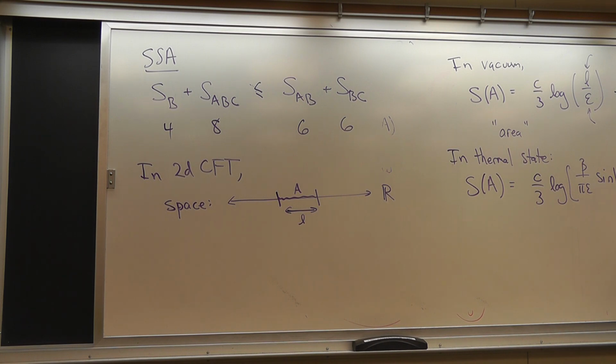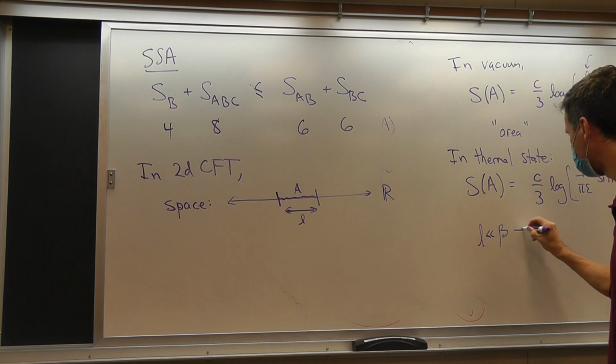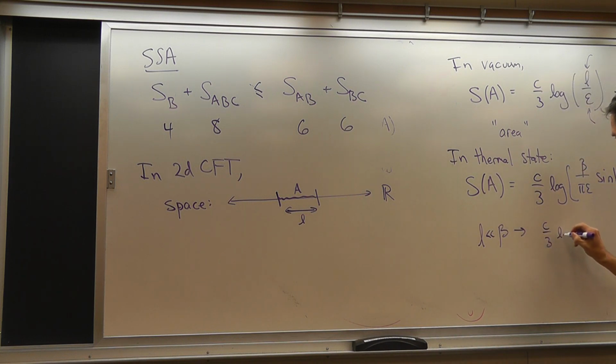And indeed, in that limit, the sinh just becomes pi L over beta, and so if L is much less than beta, we get back c over 3 log L over epsilon. So this is reflecting the fact that short distance entanglement in quantum field theory is always set by the vacuum state. Everything is vacuum at short distances.